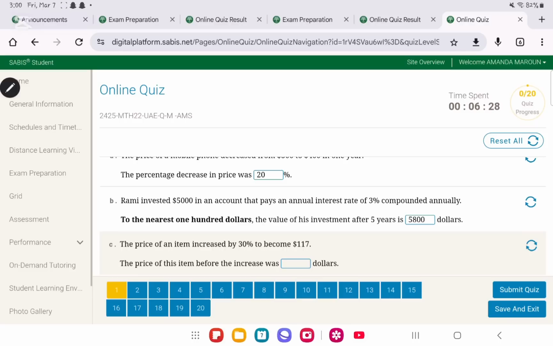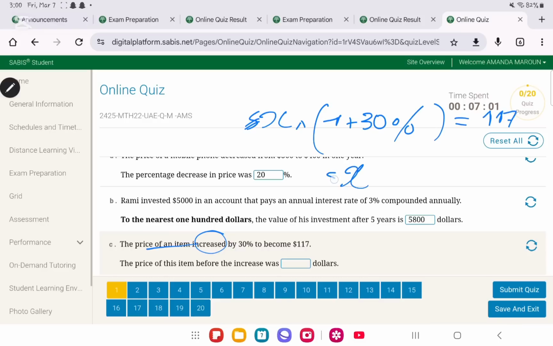The price of an item increased by 30% to become $117. So the price of this item before the increase was how many dollars? Very simply. They're telling us that the price of an item, we will say that the price is X dollars. Okay, it was increased by 30%. So X times 1 plus, because it's an increase of 30%, it is equal to 117.